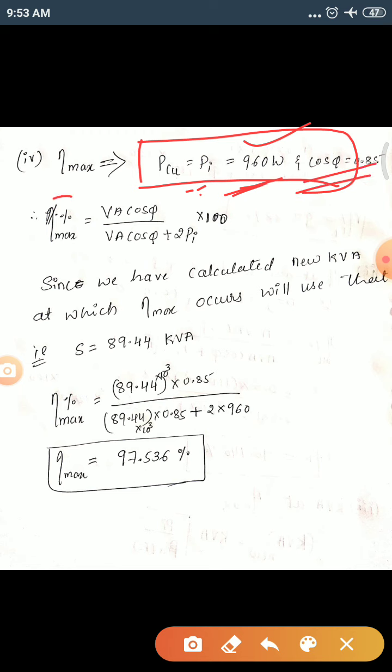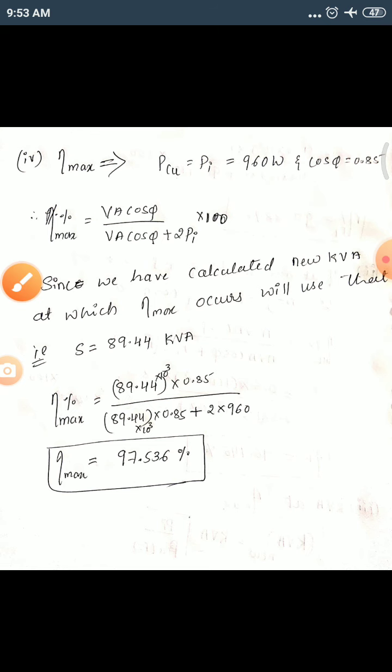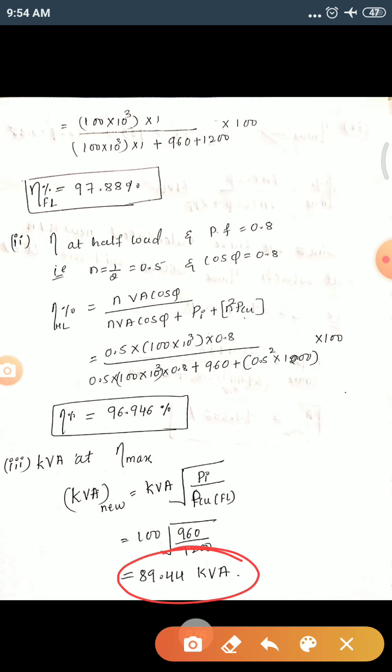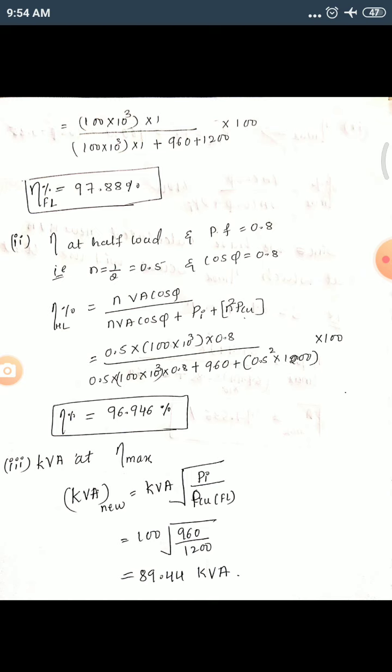So we know the formula for maximum efficiency, which is equal to VA cos phi divided by VA cos phi plus 2 Pi, into 100. Substitute all the values here. Remember one thing, since we have calculated the new kVA, let's use that new kVA.